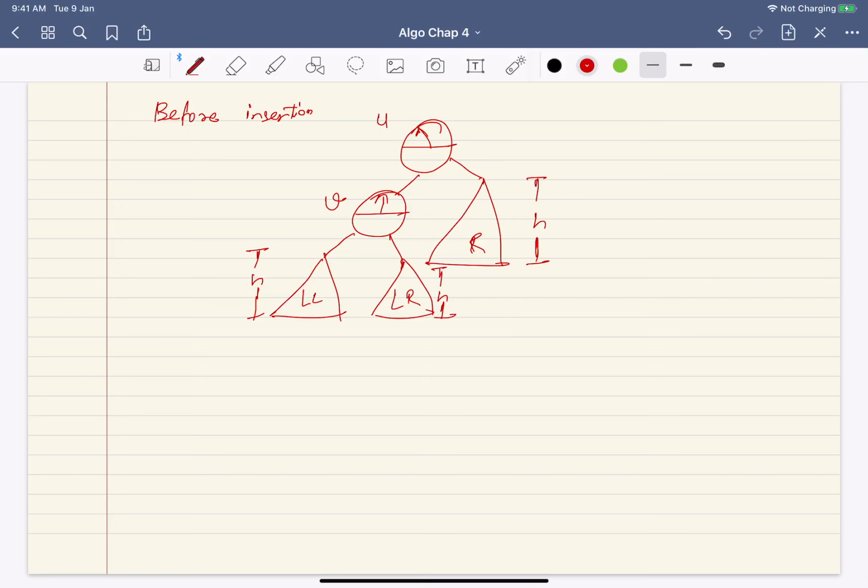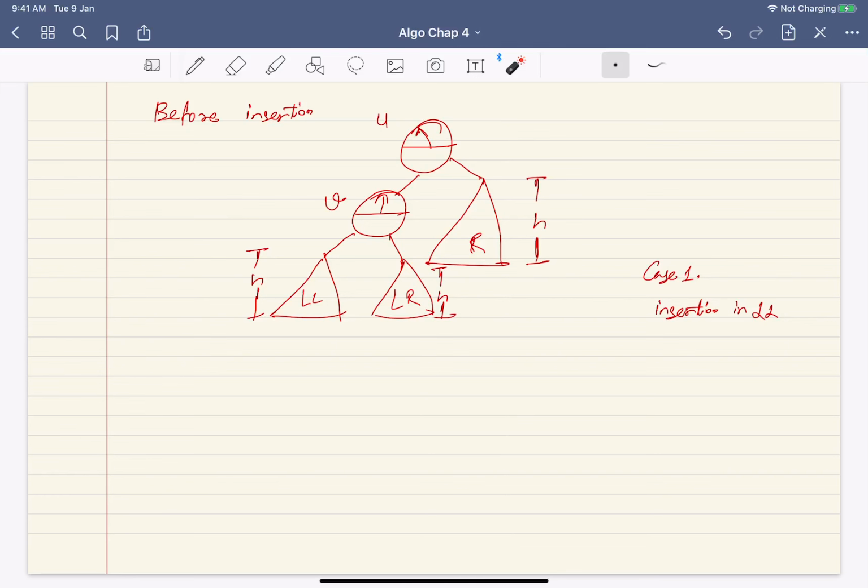In the simpler case, V has the same sign as U, so I should have an insertion in LL. Case 1, insertion in LL. If I insert in LL, its height will now become h plus 1.